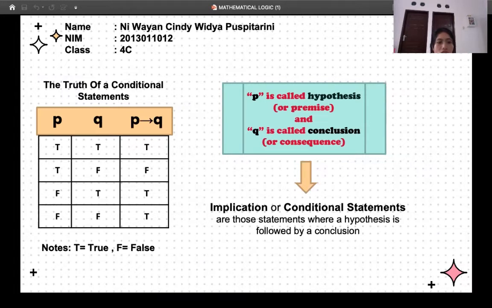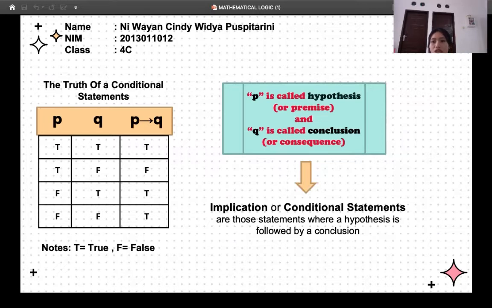Next, when P is true, Q is false, P implies Q will be false. Next condition, if P is false, Q is true, P implies Q is true. And the last, when P is false, Q is false, then P implies Q is true.